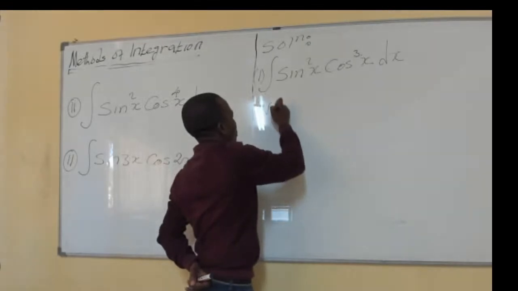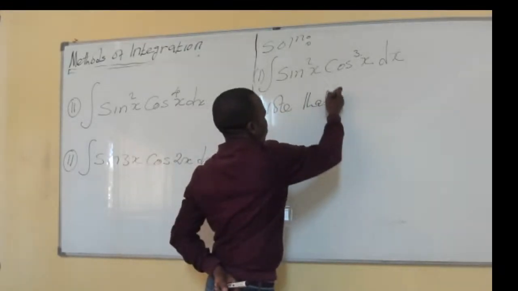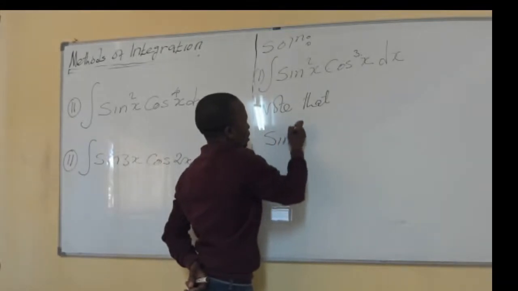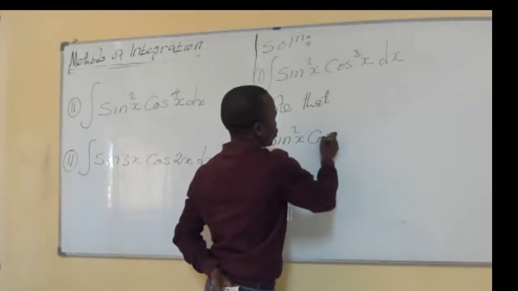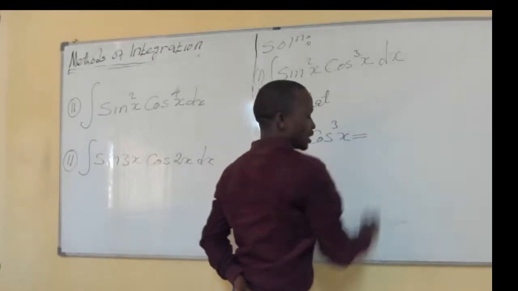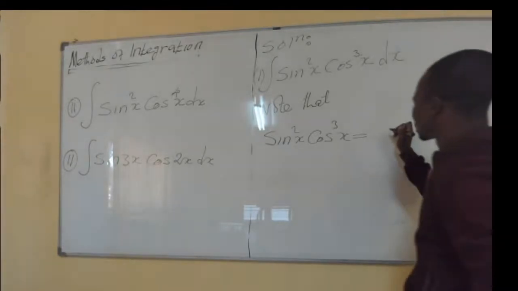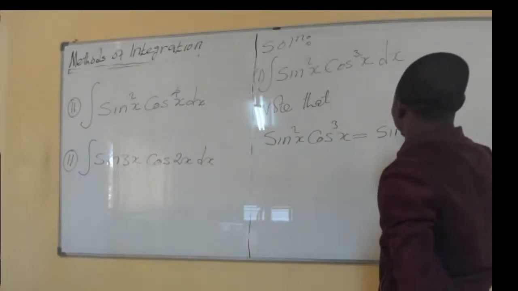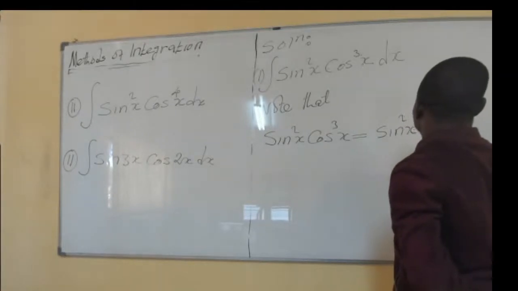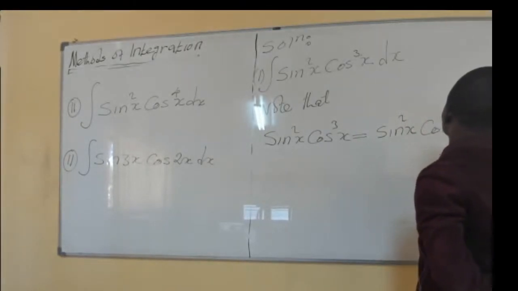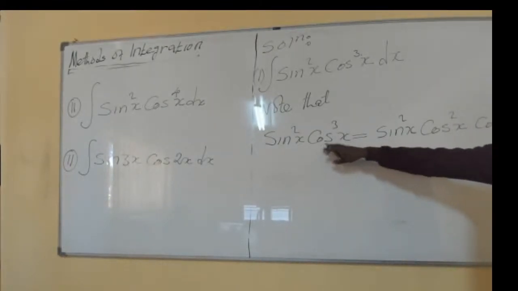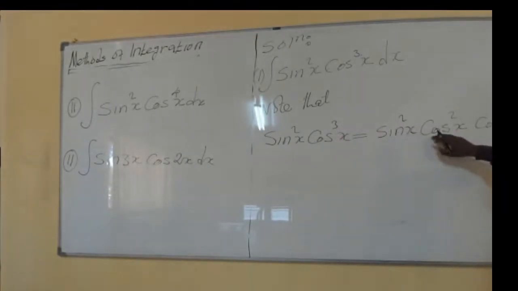Note that sine squared of x times cosine cubed of x is the same as sine squared of x times cosine squared of x times cos of x, because cos x cubed is cos x squared times cos x.